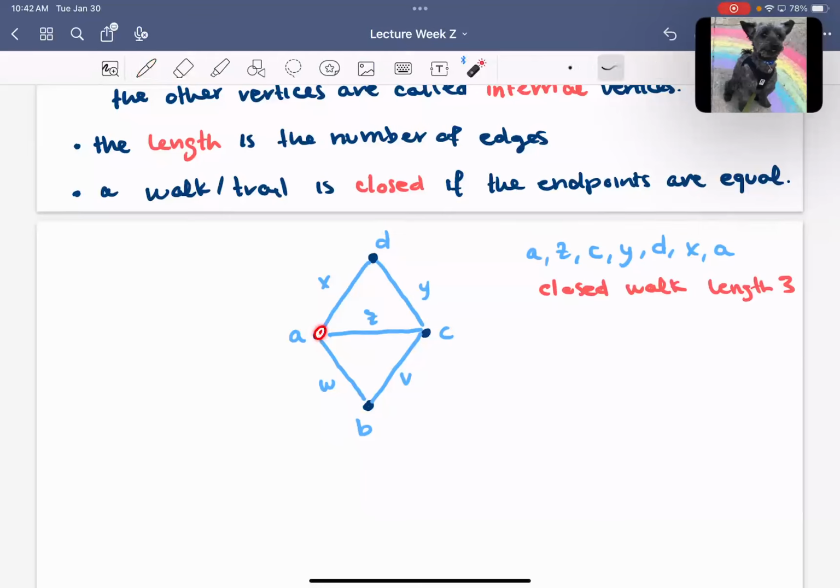Right, so that starts here and goes this way. It's closed because it starts and ends at the same vertex. It's also a trail because there's no repeated edge.